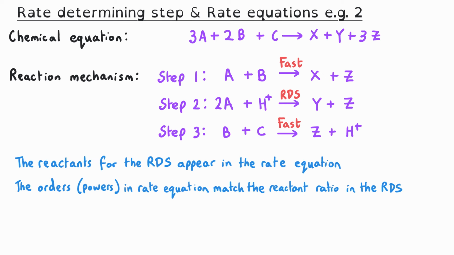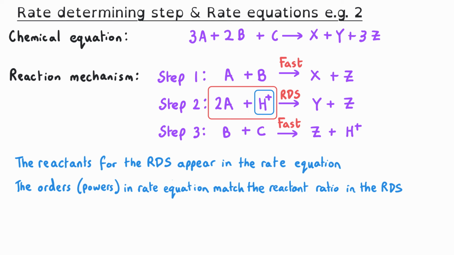Now what we're seeing here is that 2A plus H+ are reacting in the rate determining step. But when we compare those reactants to the chemical equation, we see that H+ is not appearing in the chemical equation. And this is suggesting that H+ is a catalyst, and acid catalysts are common to organic mechanisms.